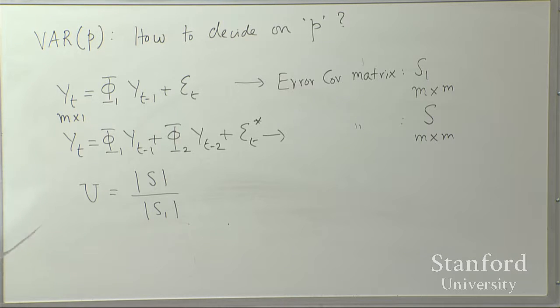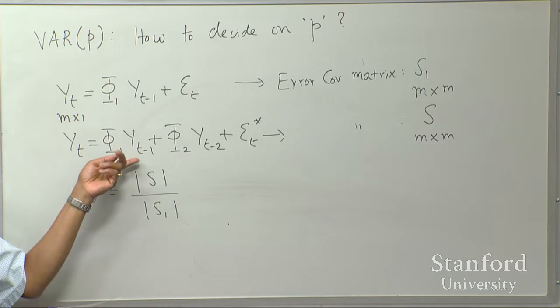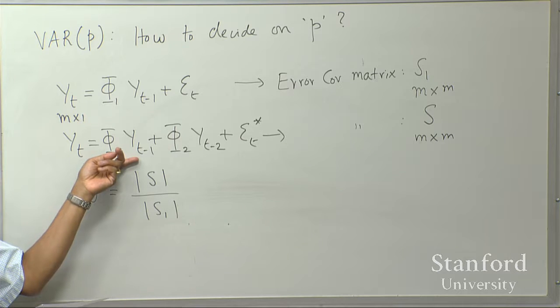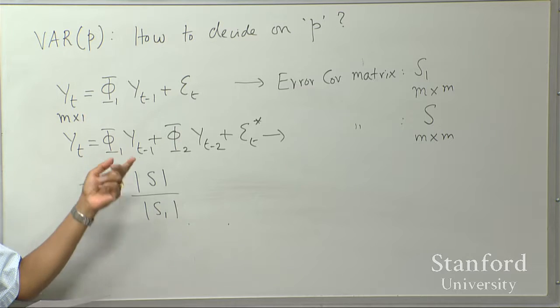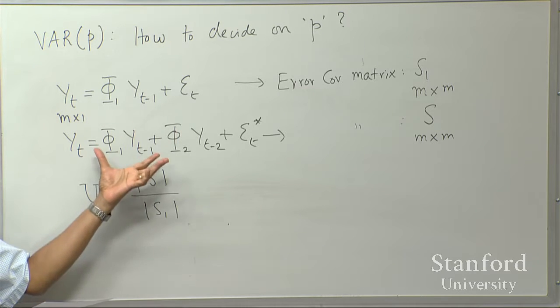If you look at this, which number is going to be on average smaller, S1 or S? Because this is a model with more variables included, you should expect the determinant of its error covariance matrix to be smaller than the other one.